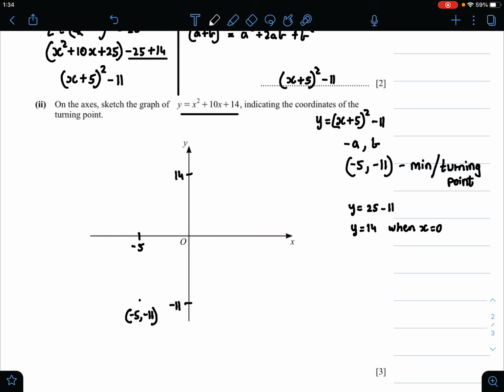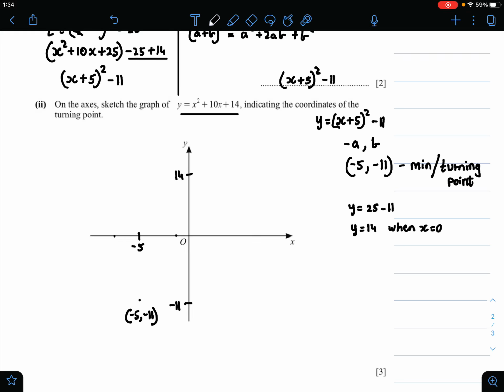So negative 5 plus root 11 is negative 1.633, so that is somewhere over here, and negative 5 minus root 11 is negative 8.33, which is somewhere over here. Again, this is a rough sketch, so you can make the points on either side of the minus 5, and you don't necessarily need to do this, as it is again a rough sketch.